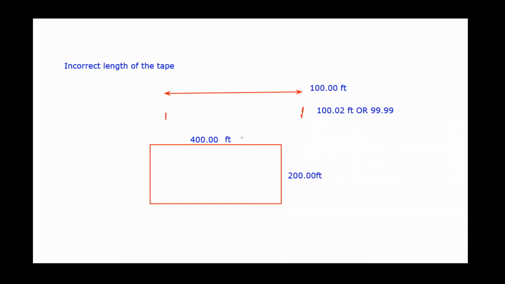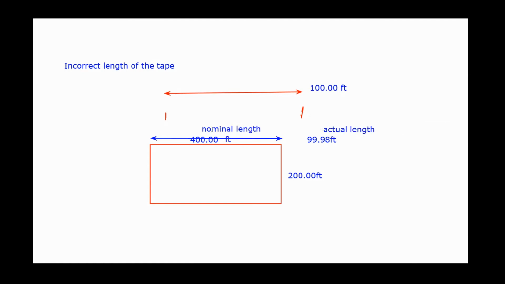Now I tell you, well, the tape is not actually 100. The tape is not 100, but it's, for simplicity, 99.98 feet. So this is not really a 400, because the actual tape versus the nominal, we call this here the nominal length versus the actual length.